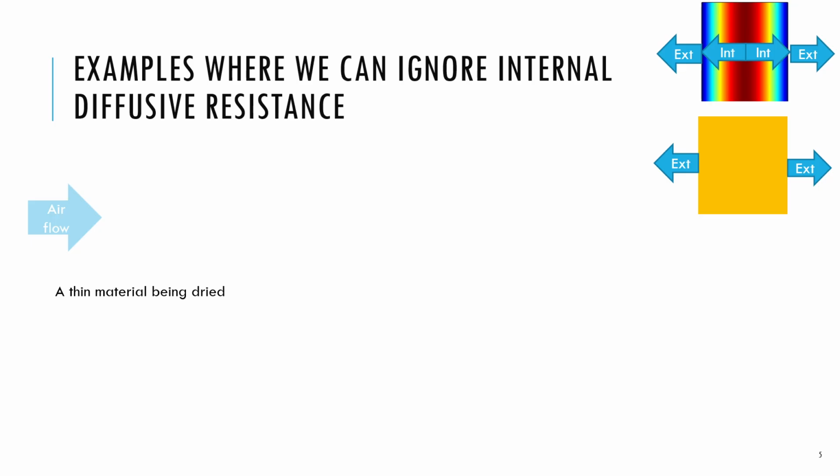So when can we ignore internal resistances? If this is a slab, and let's say the thickness is L, then L over DA, where A is the surface area here, is my internal resistance.